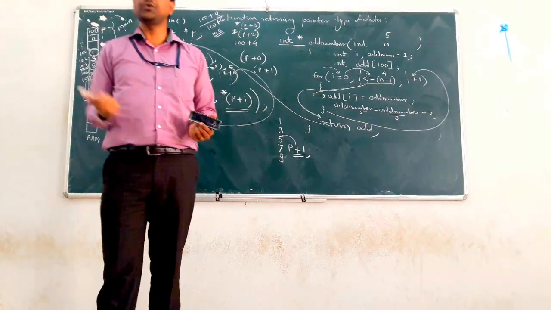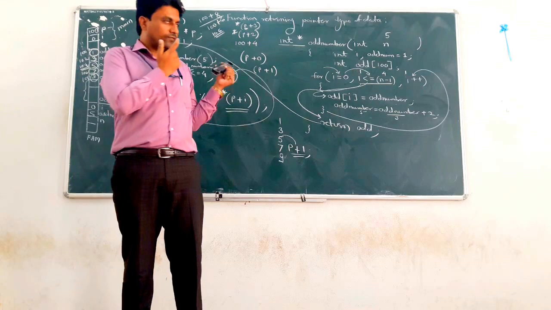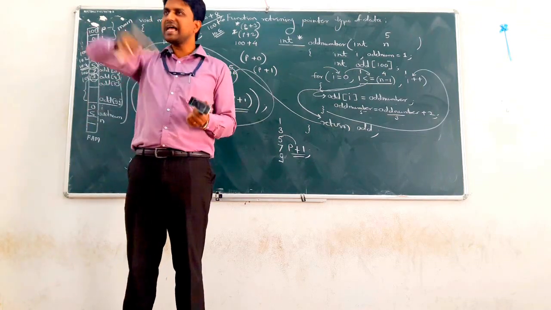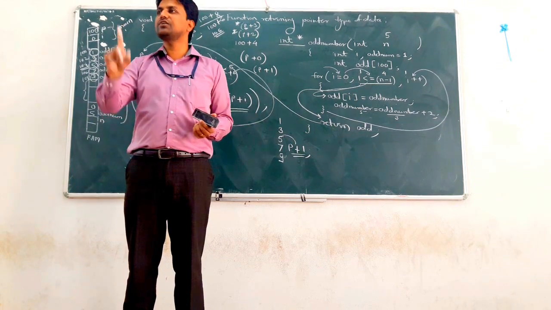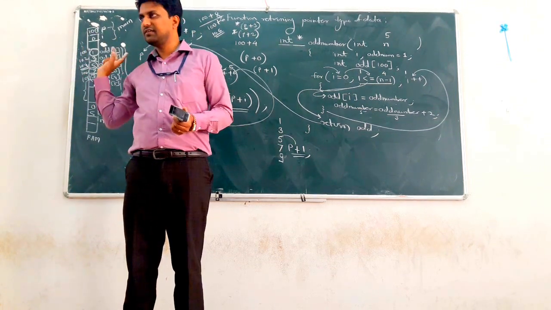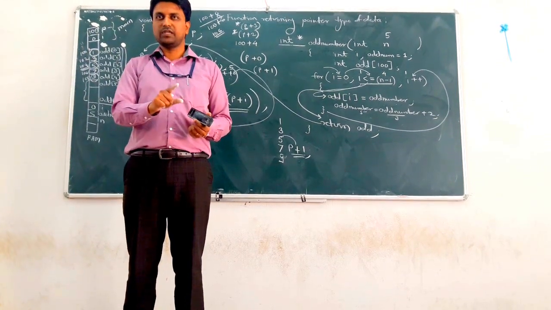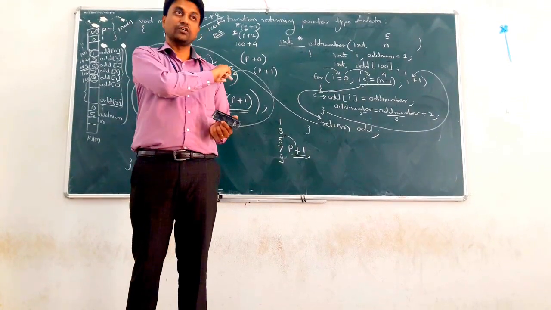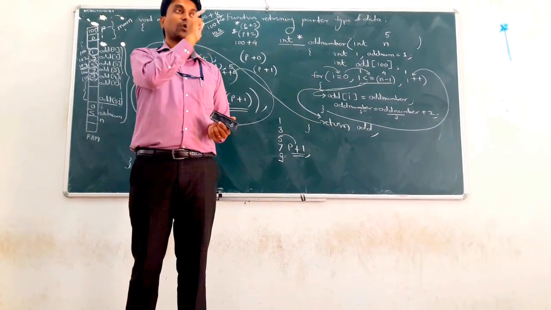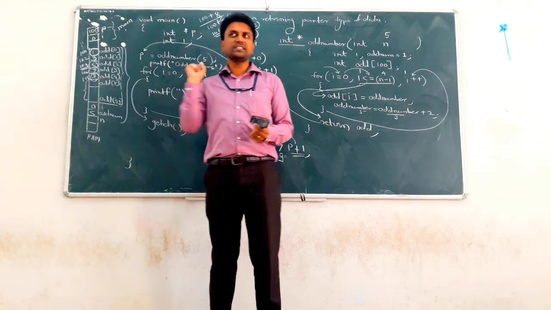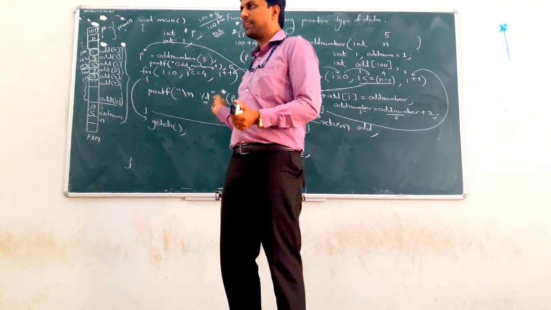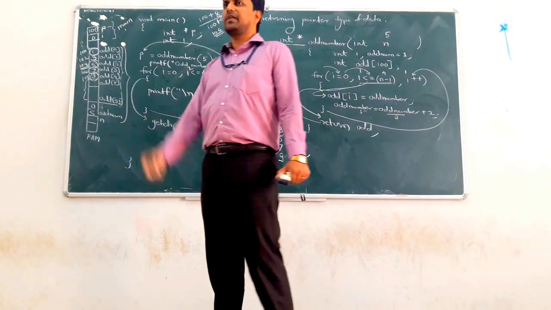I give you one hint: if you run this program as it is, it gives you some wrong result. It compiles properly, it executes also, but does not give the proper results. Clear? Some problem is there in this whole program. So find out what the problem is.